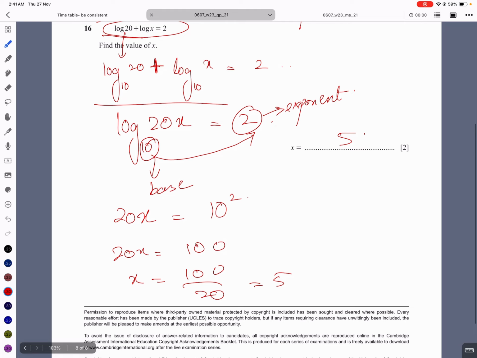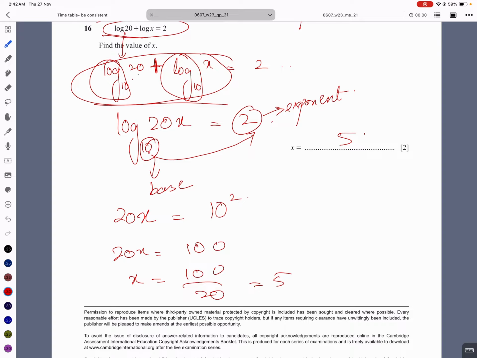Now let me tell you why I did this over here. The rule of log applies on this side. Log of base 10, log of base 10, you will just write it one time, and the things that are adding, it means they are multiplying. This is the rule of log.